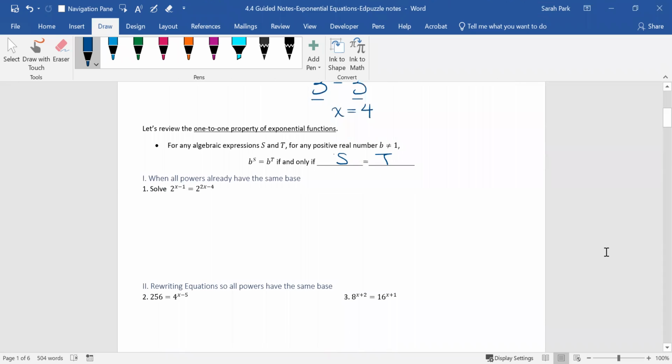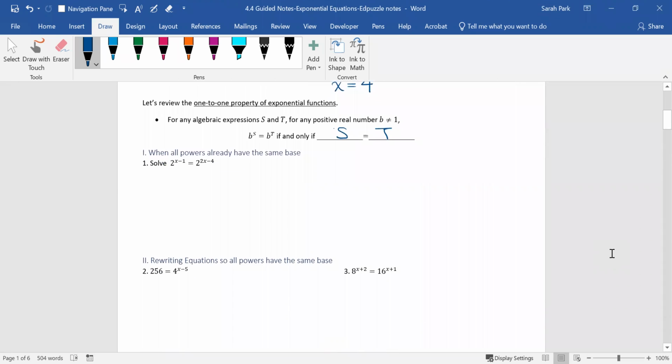Okay, so let's look at example 1 when we have the same base. In this case, you have 2 to the x minus 1 and 2 to the 2x minus 4. According to the one-to-one property, the bases are the same, so we can set the exponents equal. So x minus 1 is set equal to 2x minus 4.